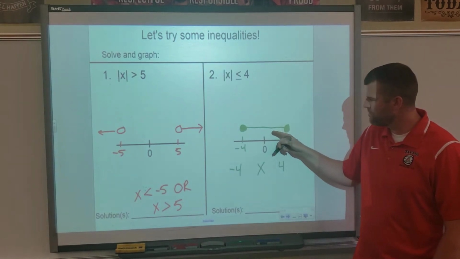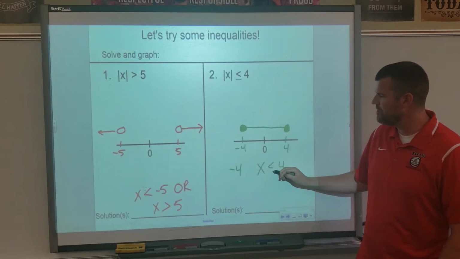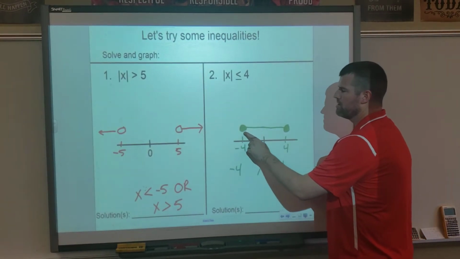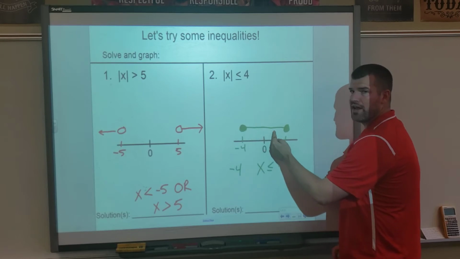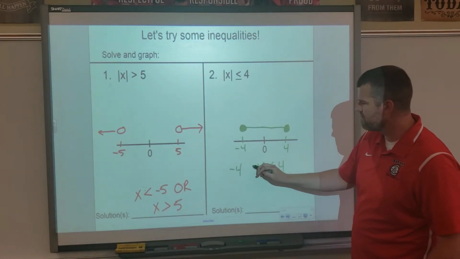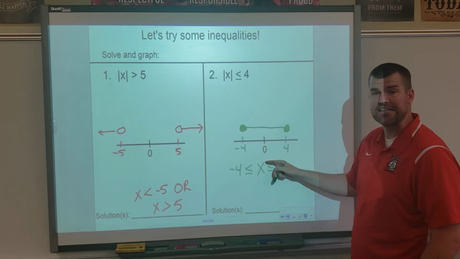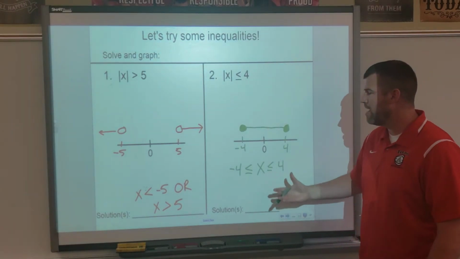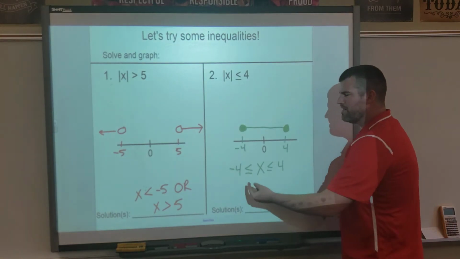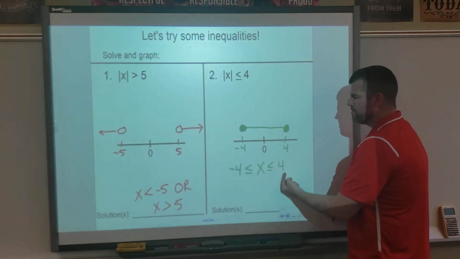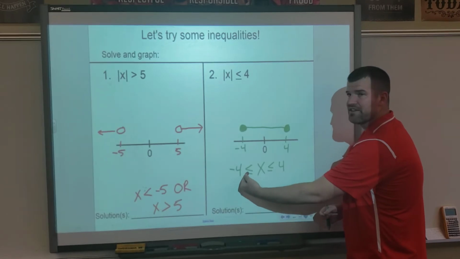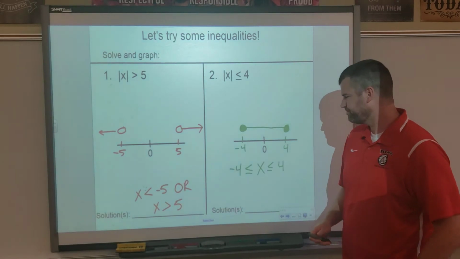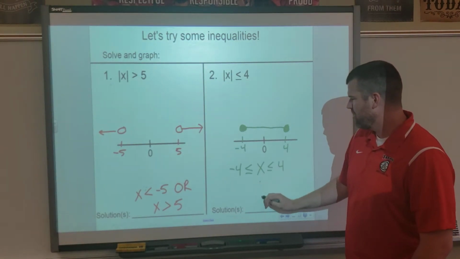Well, compared to 4, these numbers are less than or equal to 4. But compared to -4, our answers are all going to be greater than or equal. So my x is going to be greater than or equal to -4. This is called compact form. You can also think about it, if you put your smaller number on the left and your bigger number on the right, your inequality sign is going to face the same direction the whole time. It's kind of a way to help you remember how to set it up. All right, so that's our solution.